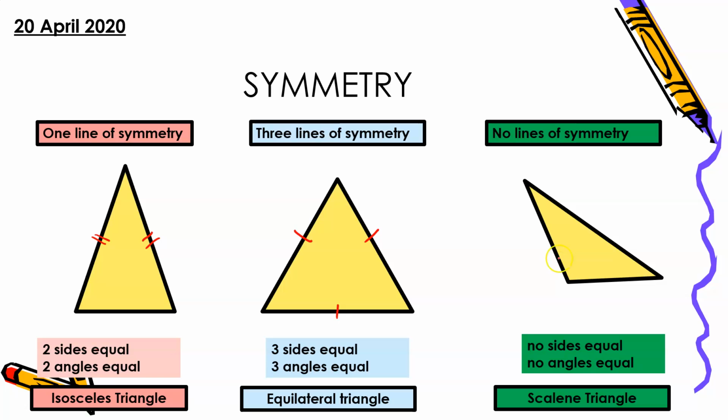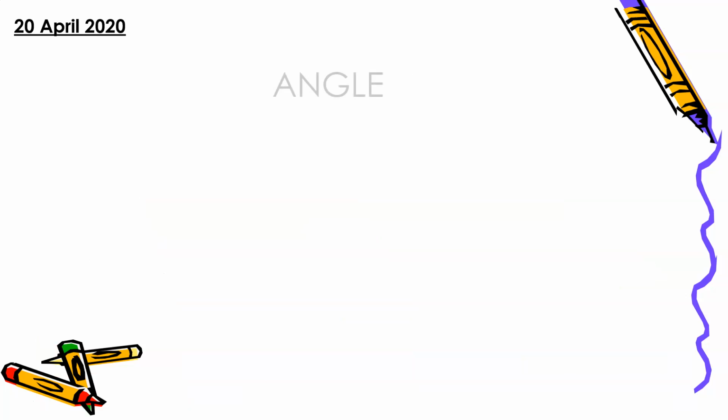The other thing that we can do to show that all these sides are different lengths is give them three different notations. We don't tend to do that if they're all different, but for this case we can show that each one. So each notation just refers to a label rather than any sort of length measurement. So that's symmetry.